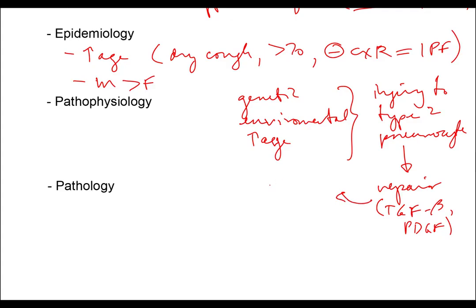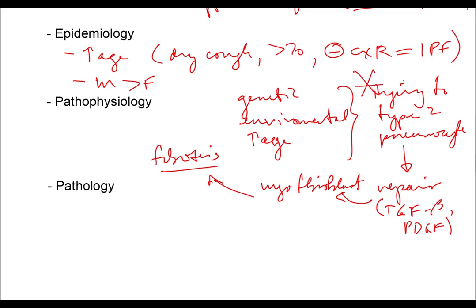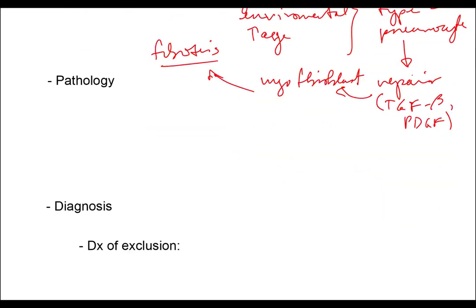And with them, of course, then we get the proliferation of myofibroblasts, just like every other chronic inflammatory disease. And then that's going to go on and give us our progressive fibrosis and the disease. So as you follow this disease through your career, trying to recognize what is that injury to the type 2 pneumocyte is going to be the key to understanding etiology, because right now that simply isn't known.